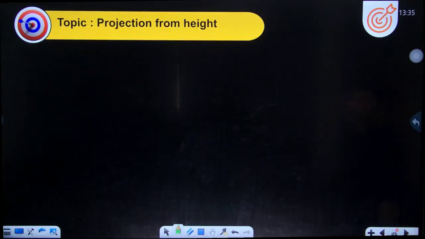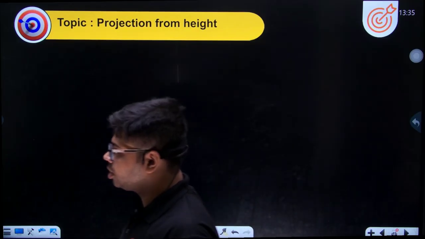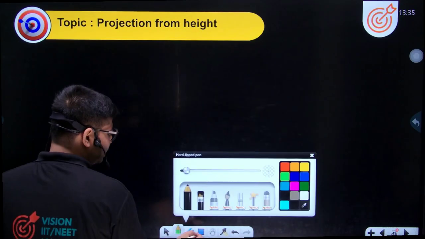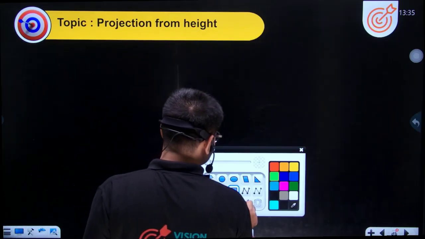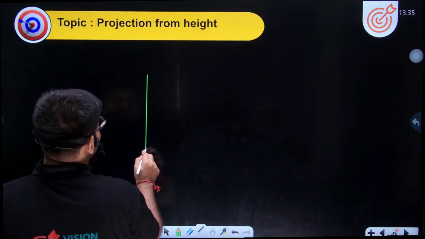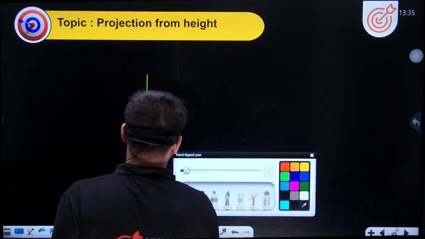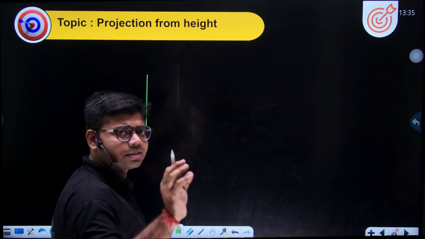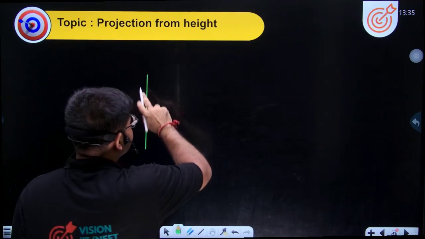Okay. Now we have a concept of projectile from a height. Say for example, there is a pillar, and from the top of the pillar you are throwing something. Till now we discussed projectile from the ground, this is projectile from a height.